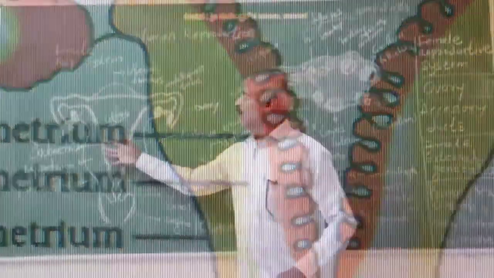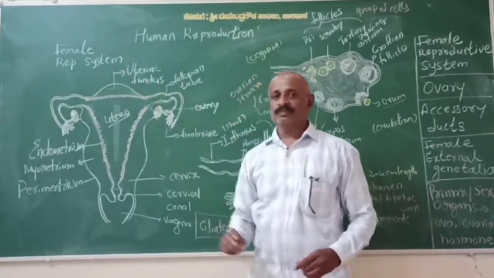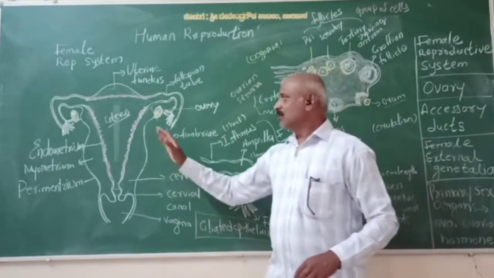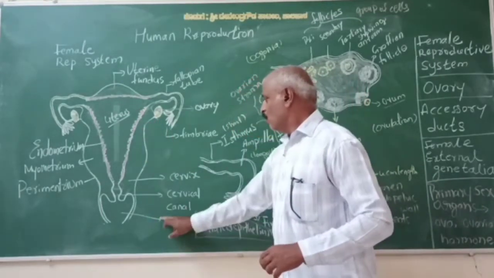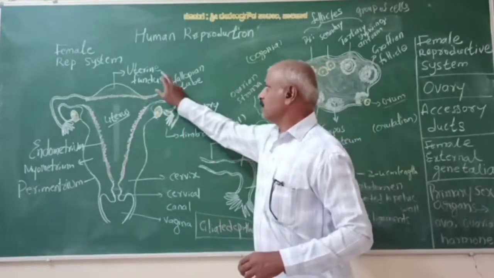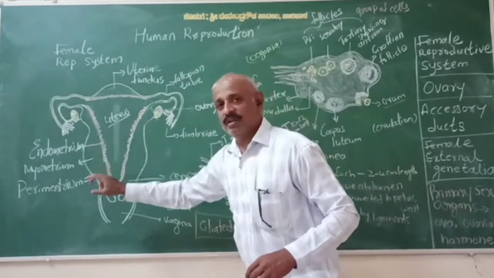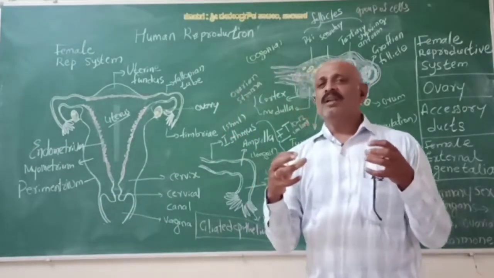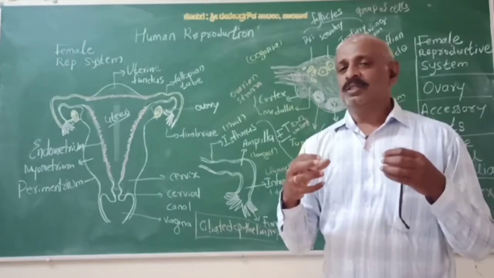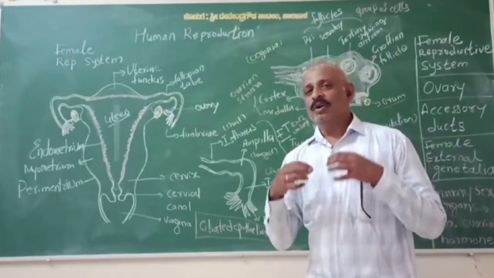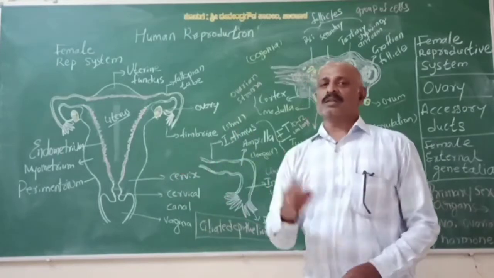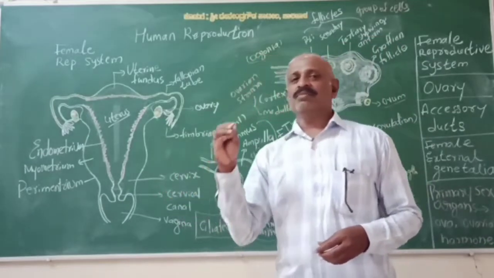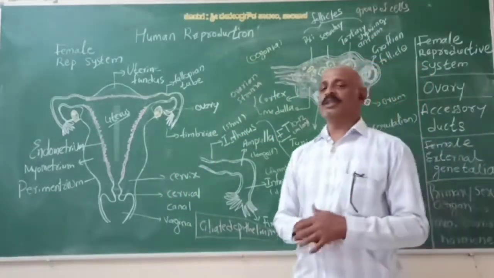We are observing here the female reproductive system. This is the most important structure, because it includes 1, 2, 3, 4, 5, 6, 7, 8, 9, 10, 11, 12 labelings. It has a minimum of 10 labelings, so the board always asks this for 5 marks: draw and label the female reproductive system, like that the question is there.